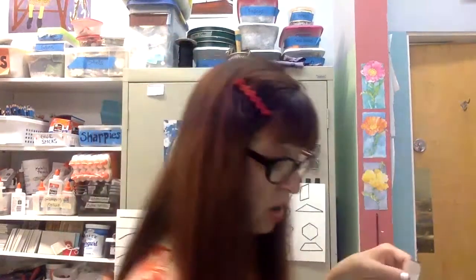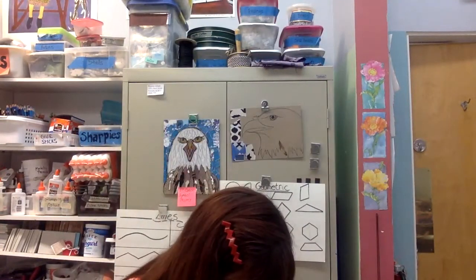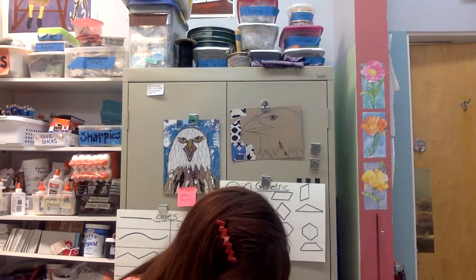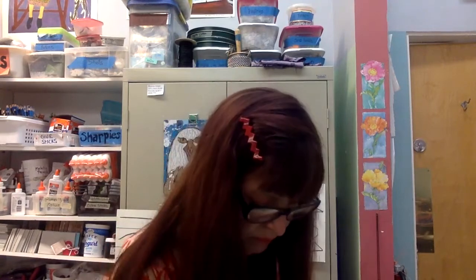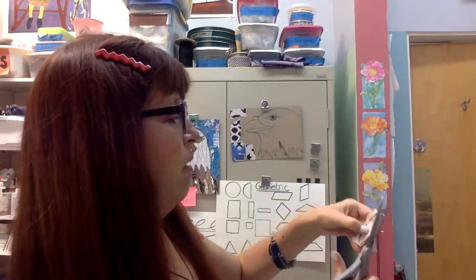You can do your oval shape, and I'm gonna draw an oval on there so you can see where I'm cutting. Like that. And then I'm gonna cut around here. And then I'm gonna cut around here.